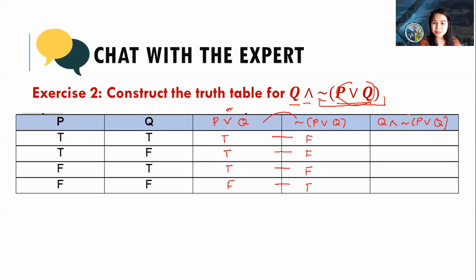The last one, Q and not P or Q. This is an and. So it means both must be true to make it true. So true and false, false.